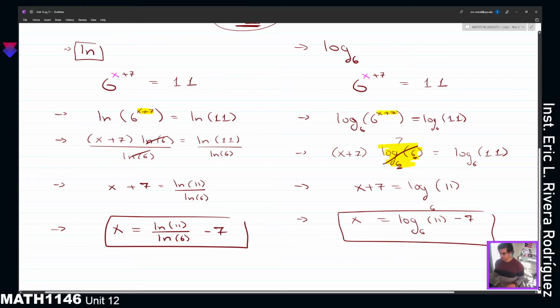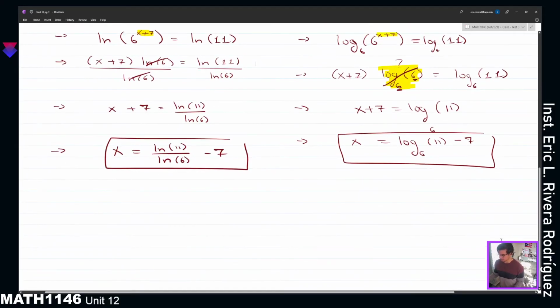But the problem here is log base 6. If you use the second method and you want to evaluate log base 6 of 11, but you are working with a calculator that doesn't allow you to use a different base for the logarithmic function, how can you evaluate log base 6 of 11 in your calculator?